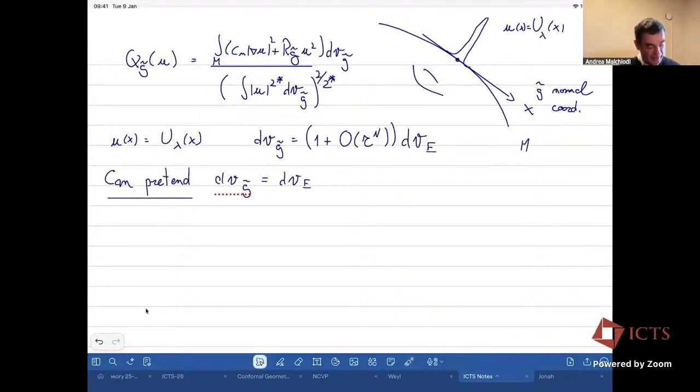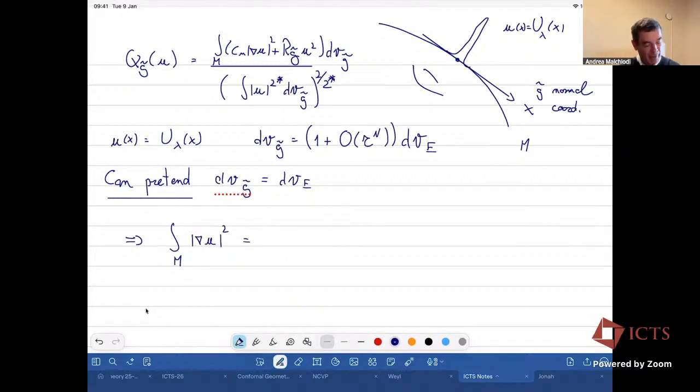So this implies that the integral over M of the gradient of u squared is actually very close to the Euclidean gradient of u lambda squared, which is a given constant, plus really lower order terms, negligible.